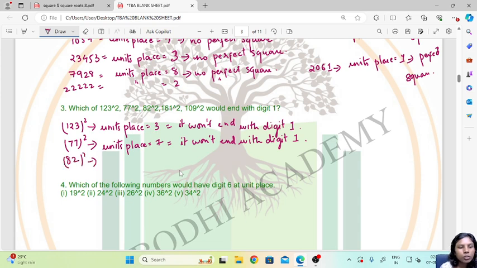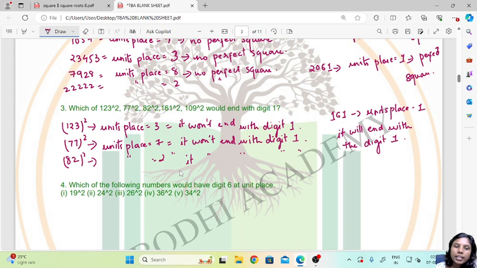Will it end with 1? No, because units place we have 2, and in the units place we want 1 or 9. Next we have 161. Now here in the units place we have 1. So therefore it will end with the digit 1.